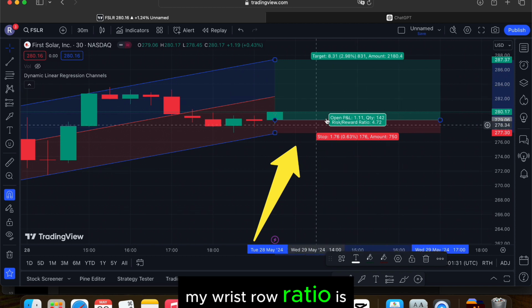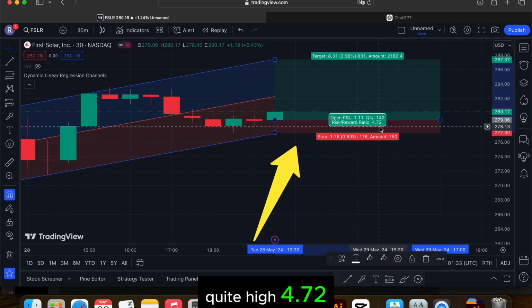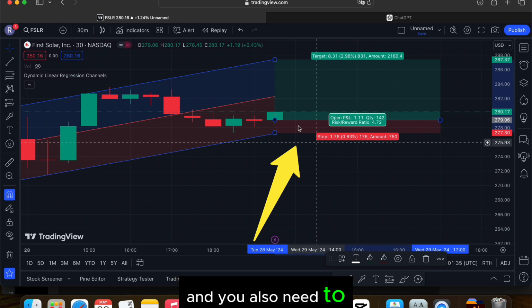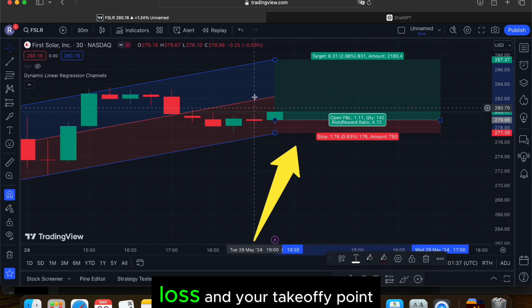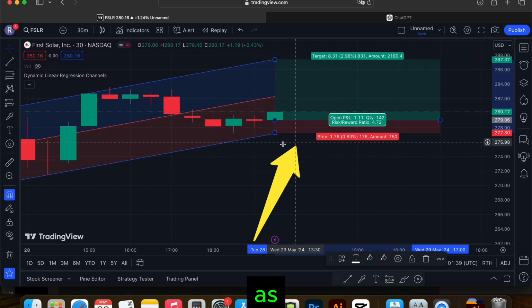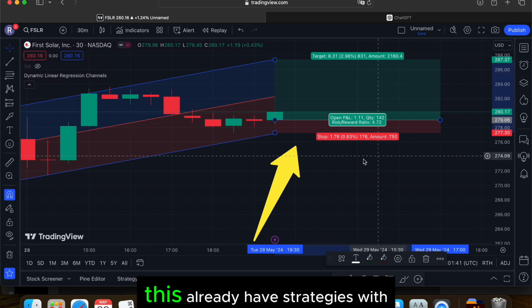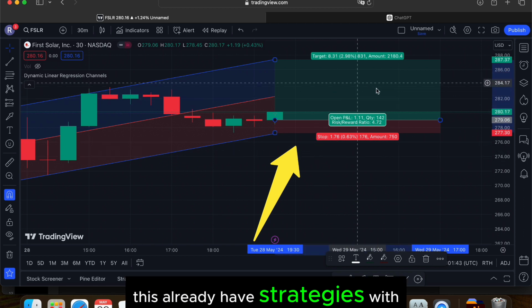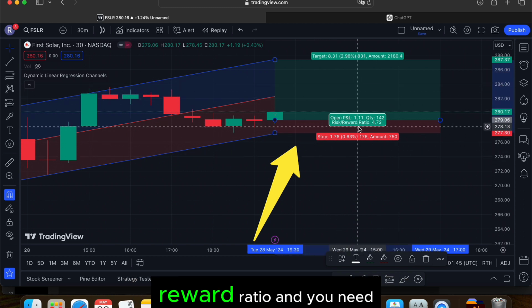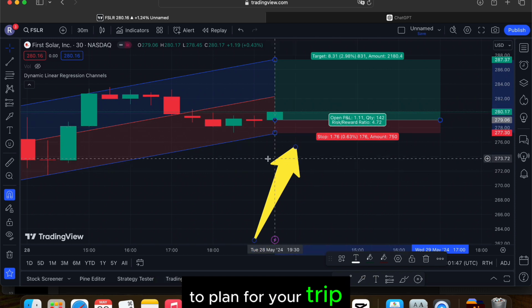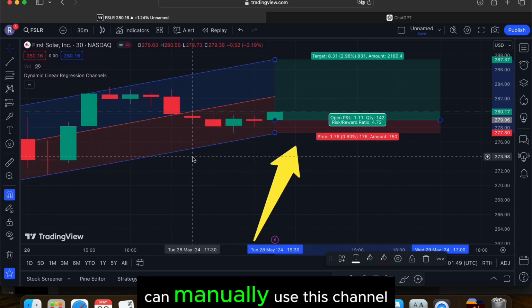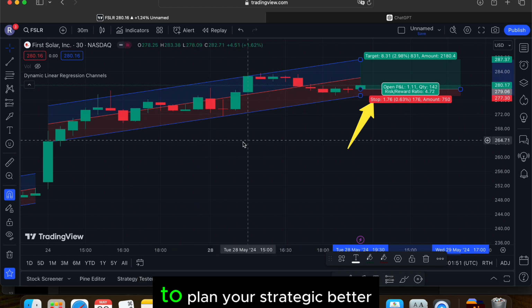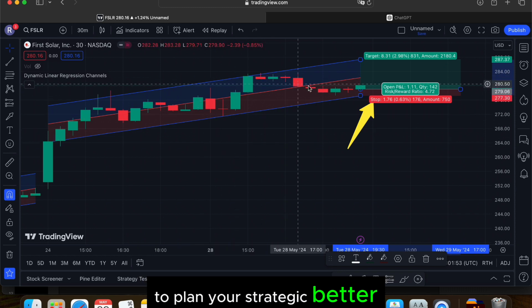My risk reward ratio is quite high, 4.72, and you also need to be punctual on your stop loss and your take profit point, as this is already strategized with a high risk reward ratio. So this is how you can manually use this channel to plan your strategy.